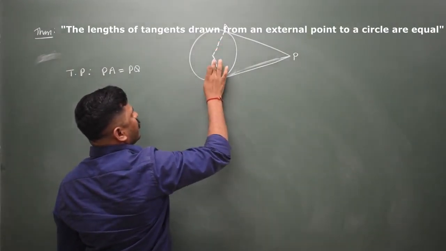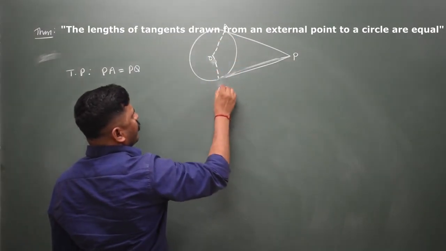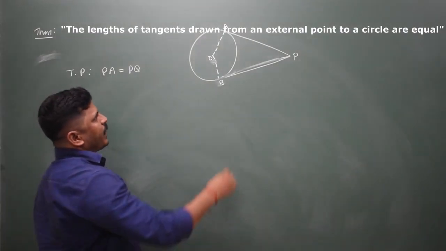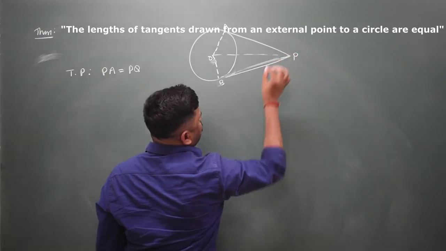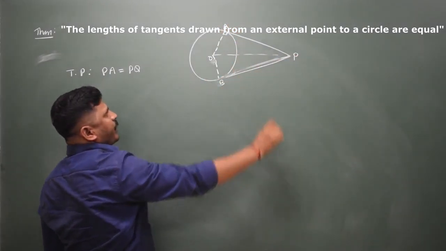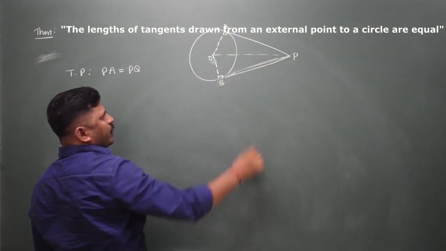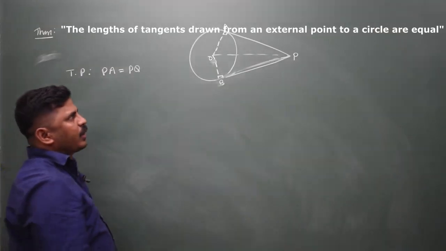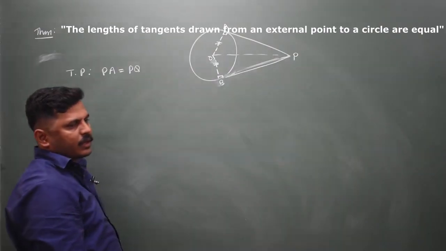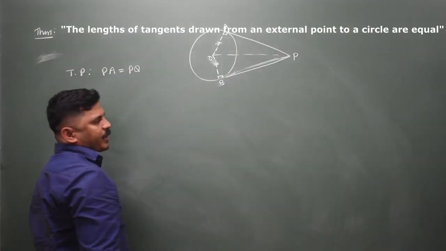This is OA and OB, the radii. I will join OA and OB, and at the same time I will join OP also. Definitely OA is a radius perpendicular to its tangent, and OB is a radius perpendicular to its tangent. OA equal to OB, which are the radii of the circle, and OP equal to OP, which is common.